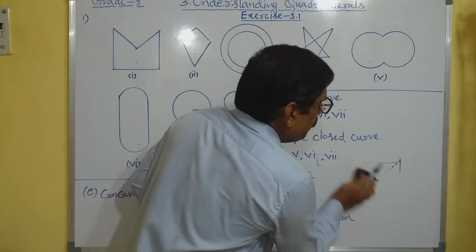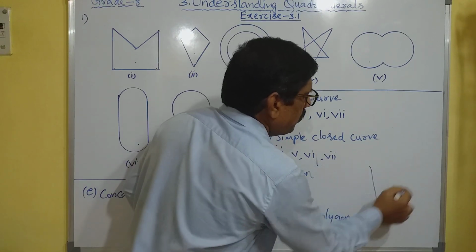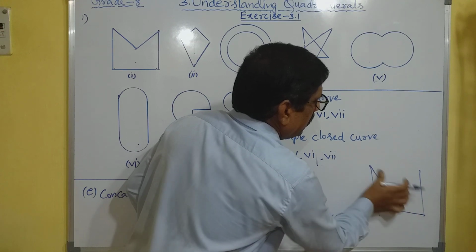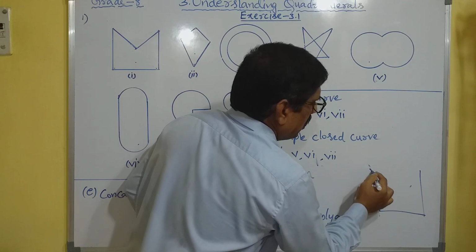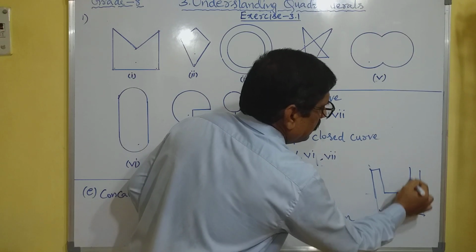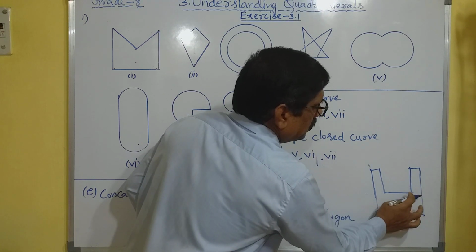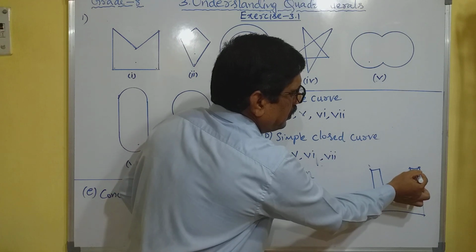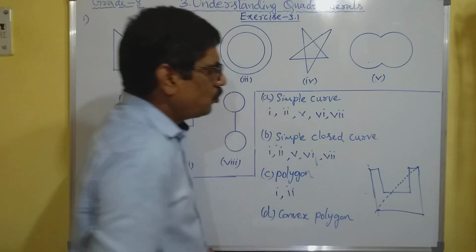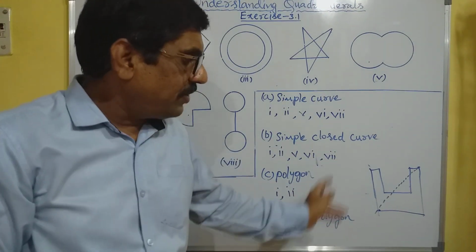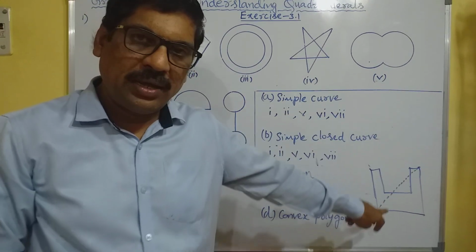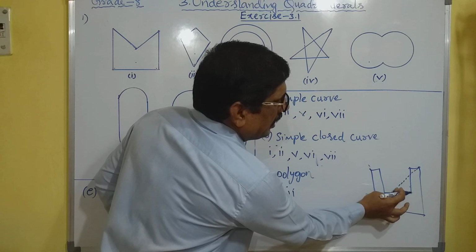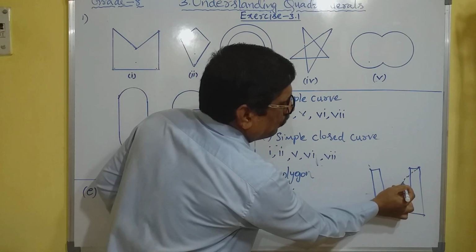Now if you take a polygon like this, if you try to join this point and this point, does it lie entirely inside the polygon? No. Some part of the diagonal has come outside also, this part.